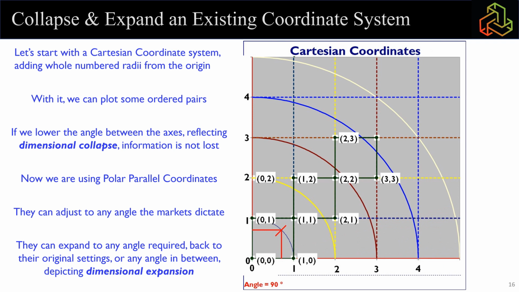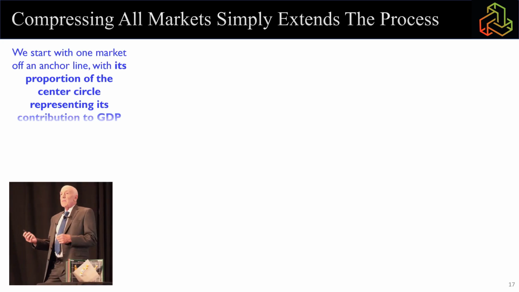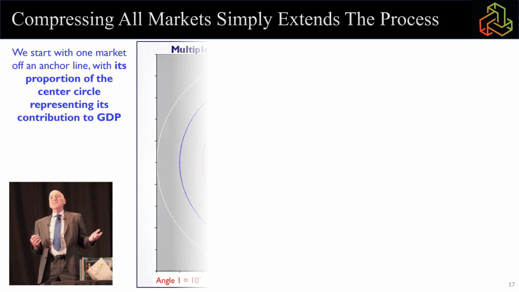Well, that's all very interesting. How are you going to handle more than one market at a time, sir? Well, let's examine that too. Compressing all the markets at the same time just extends the process.